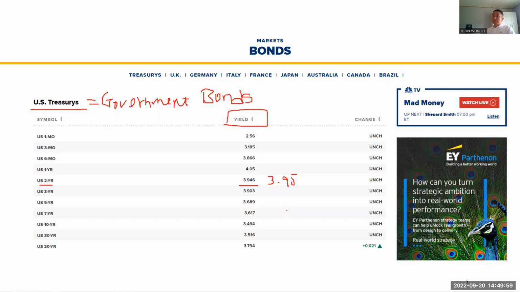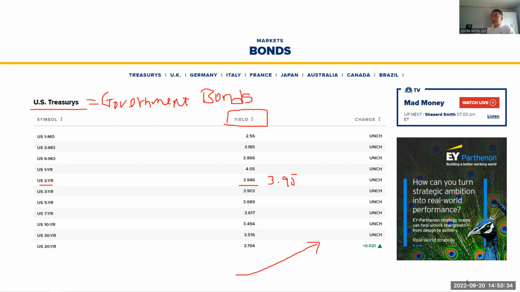It depends on your investment strategy. But if you find 3.9%, 3.95% return on the investment in the bond is good, then you want to purchase this bond. But one thing you should consider is what the future interest rate is going to be. Let's say if the future interest rate within 1 year increases steeply, then you may lose.